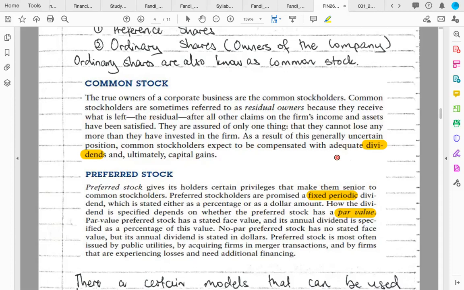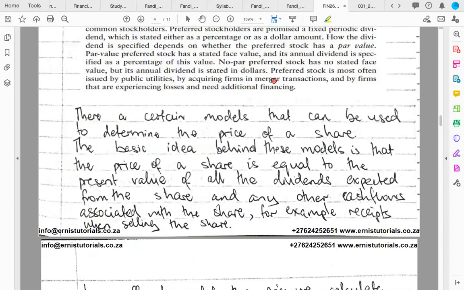If the board of directors decides not to pay dividends to ordinary shareholders, there's nothing ordinary shareholders can do. The decision is up to the board of directors. However, with preference shares, you will always get a fixed dividend regardless.